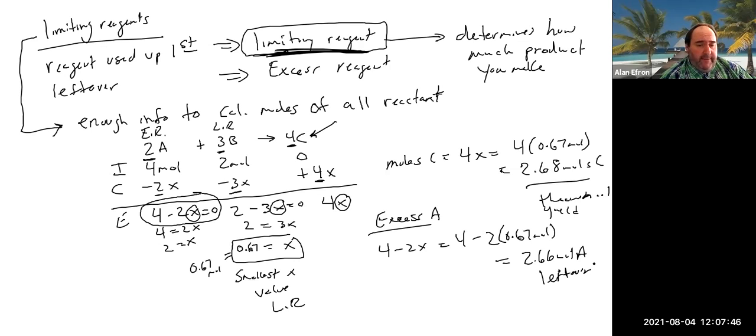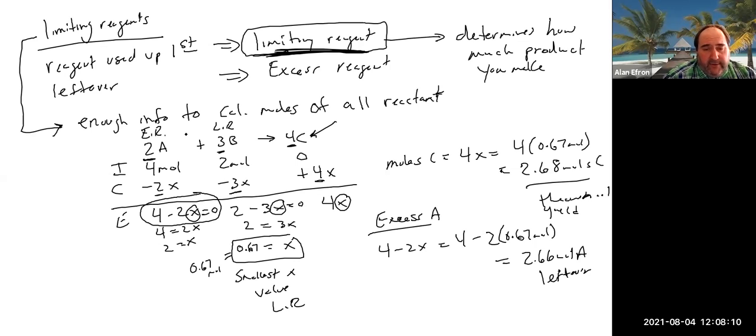Other popular methods, as we talked about, is taking each reactant individually and figuring out how much product each one makes individually. And again, the one that produces the lowest amount of product would also be your limiting reagent and your theoretical yield. So that's another very popular way people do limiting reagent problems.